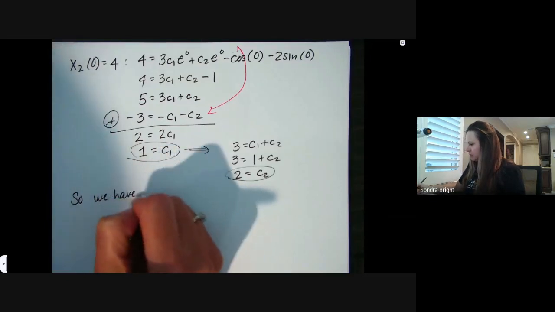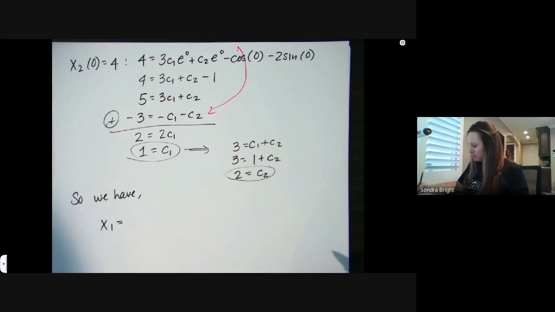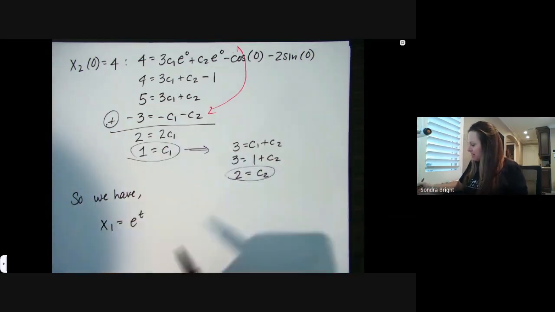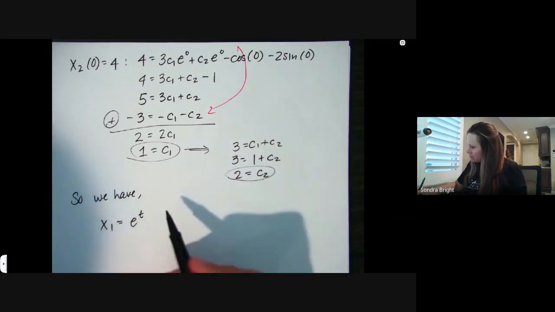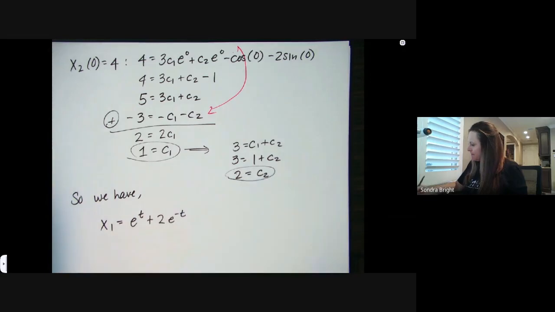x1 was equal to c1 times e to the t. Well, c1 is just a 1, so it's e to the t, plus c2 e to the negative t, so plus 2 e to the negative t, and then minus sine of t.